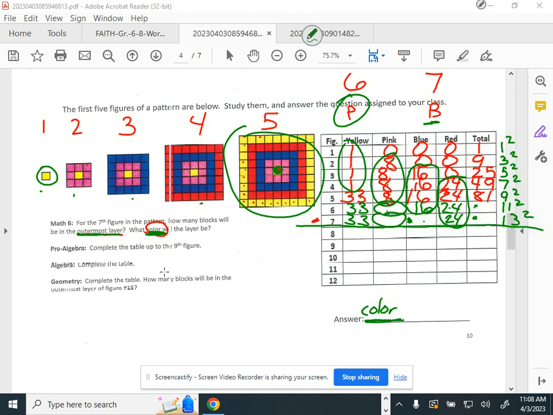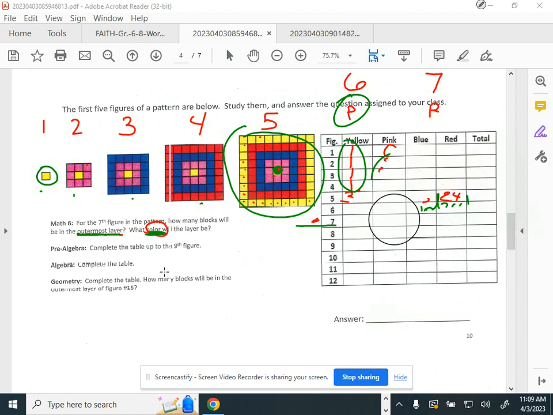Subtract it out. That's how we get rid of it. So if you know what color is on the outside, you're going to subtract out how many were on the inside, so you're left with just the outside. Does that make sense? All right, let's look at our next page.